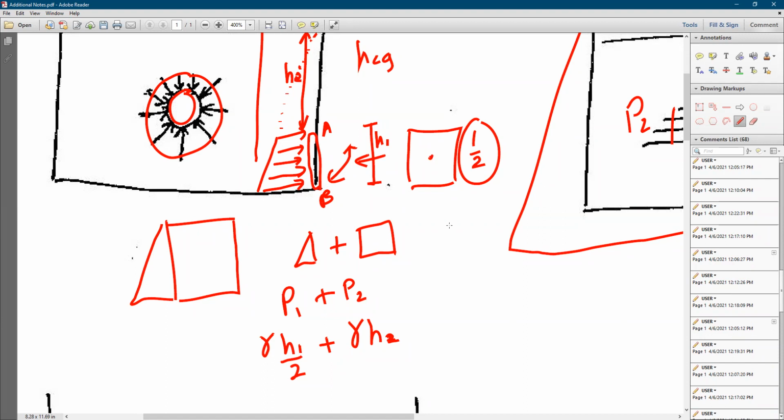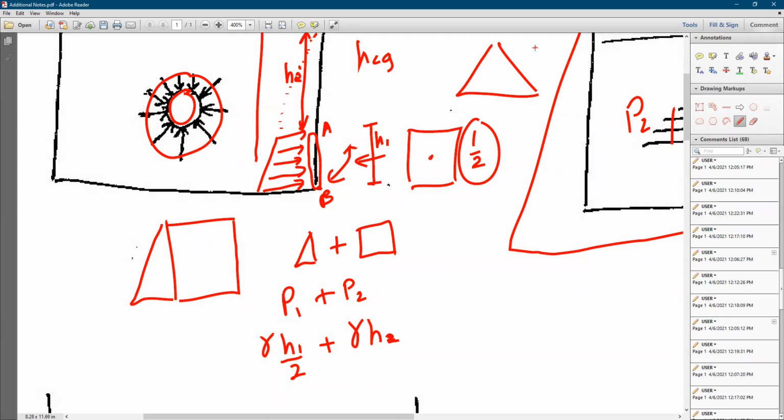If the shape of the door is not rectangular or square, if the shape is like that, then I think you know how to find the centroid of this particular shape.